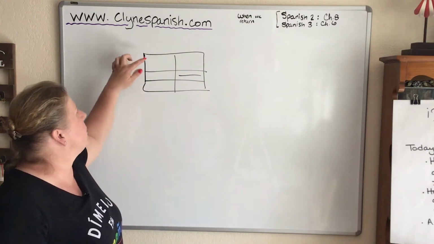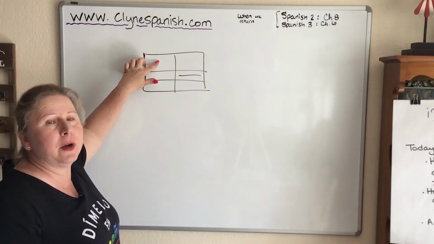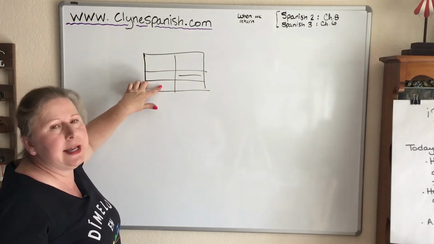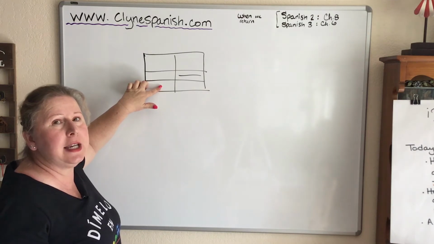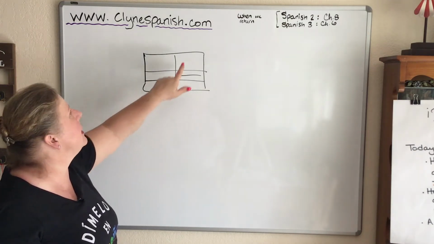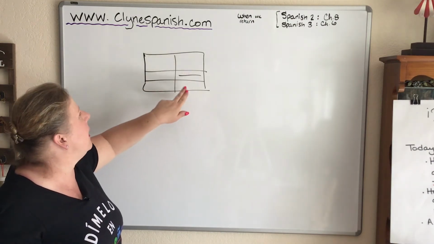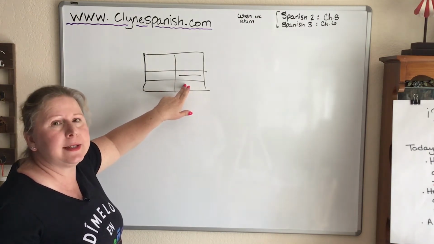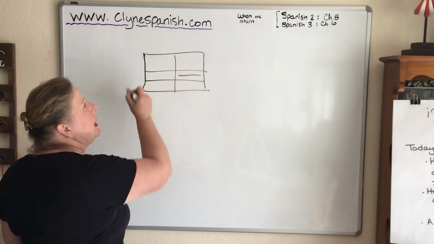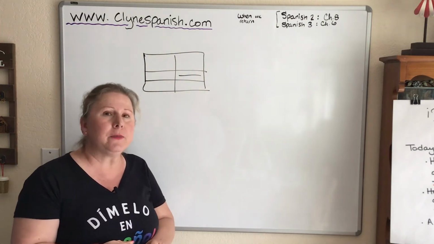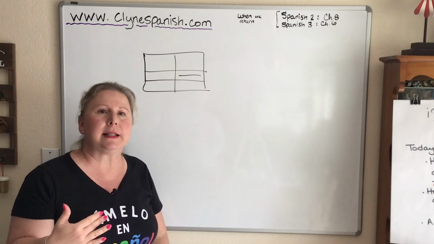So it's really important to remember that this is the yo form, I. This is tú, you. This is ella and usted, he, she, and Mr. and Mrs. This is nosotras, nosotros, we. And then this is ellos, ellas, and ustedes. So really, really important. You need to make sure you know the verb chart so that you can be successful.